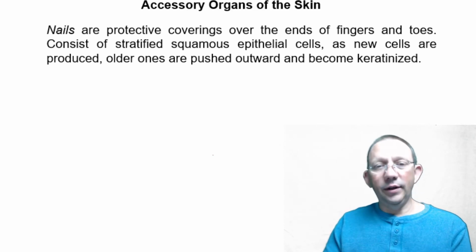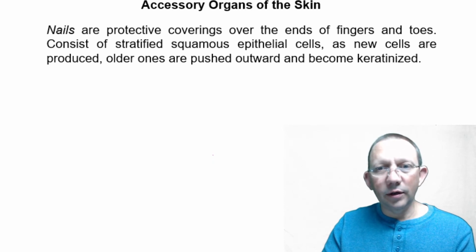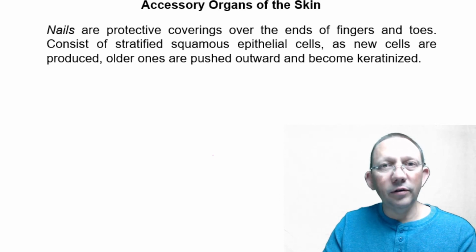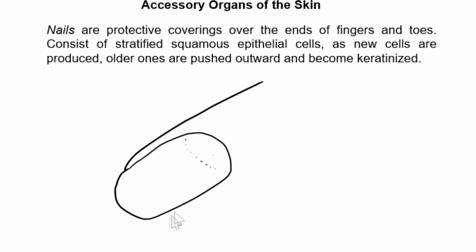Now, accessory organs. So we're going to draw an accessory organ. I'm going to click off here so I can draw this. One of the main accessory organs you have is going to be a fingernail. A fingernail looks kind of like this, right? And it has this little area like that, and here's the rest of our finger.